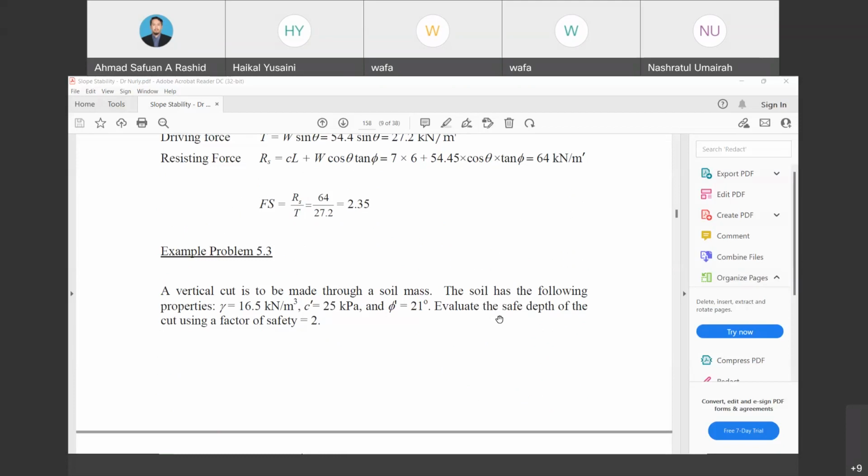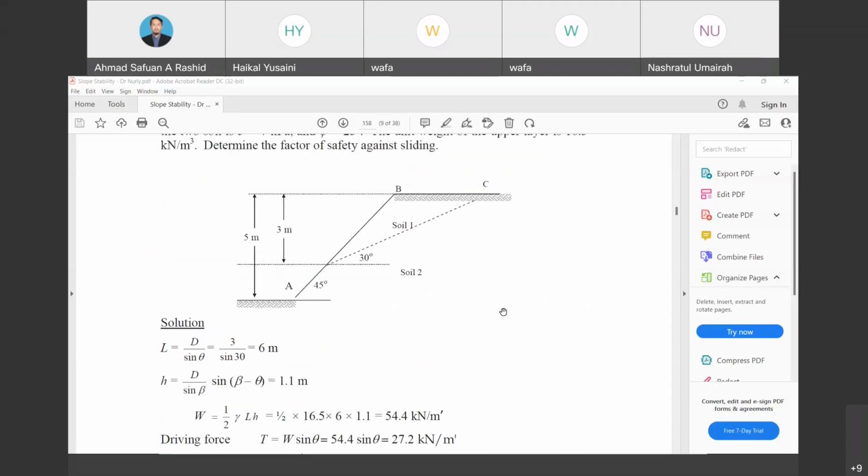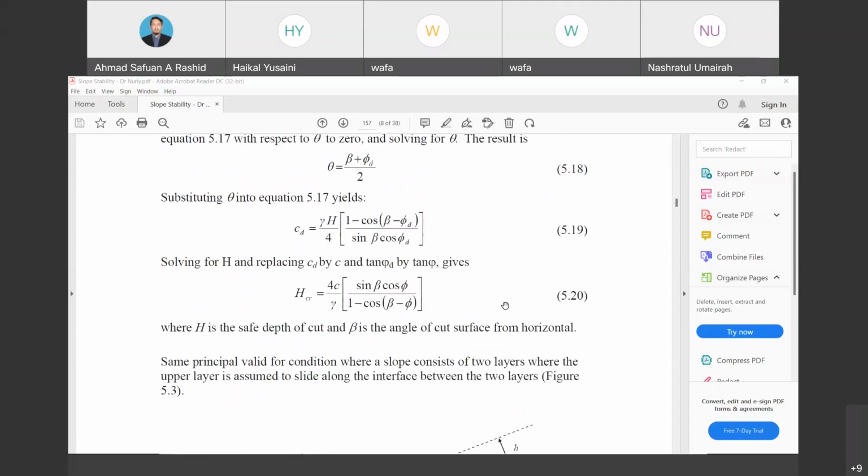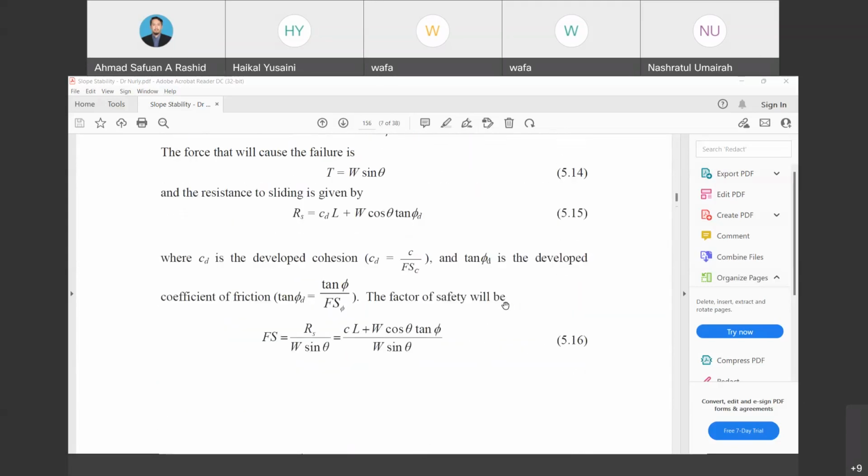But before we introduce the factor of safety of 2, we need to determine the new C after dividing by 2 and the new phi after dividing by 2, based on this equation.